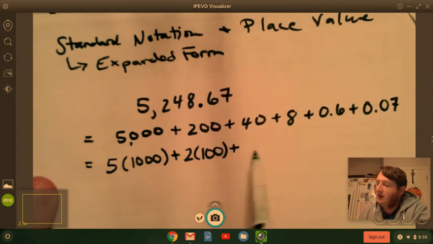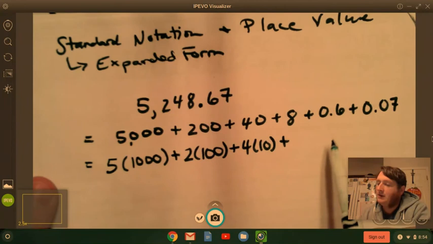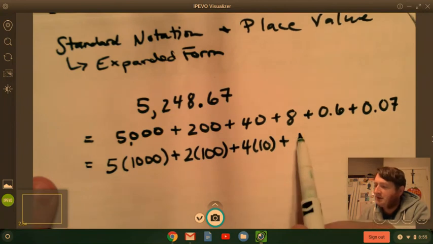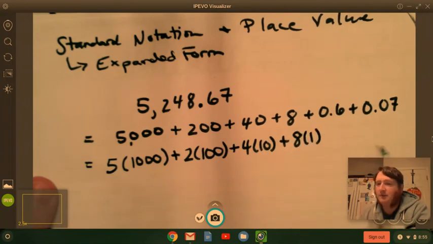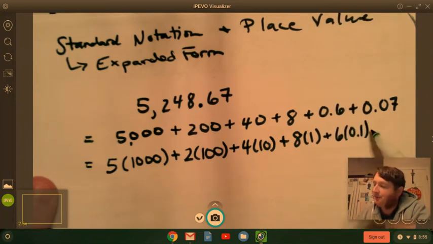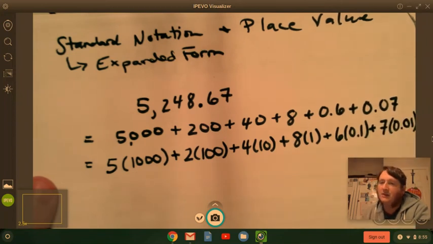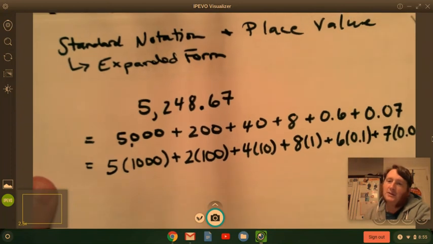And this part here is really 4 times 10. And this part is 8 times 1. And this part is 6 times 0.1, or a tenth. And this part here is 7 times a hundredth, or 7 times 0.01.